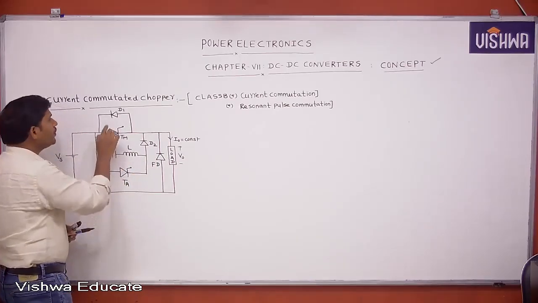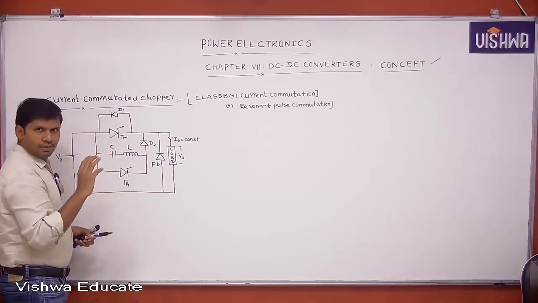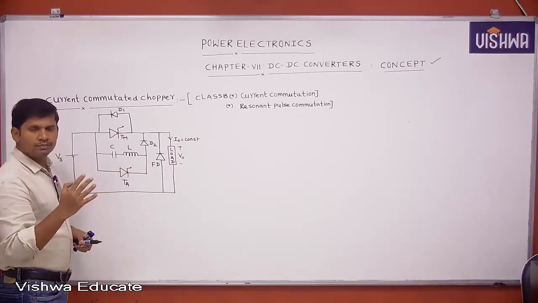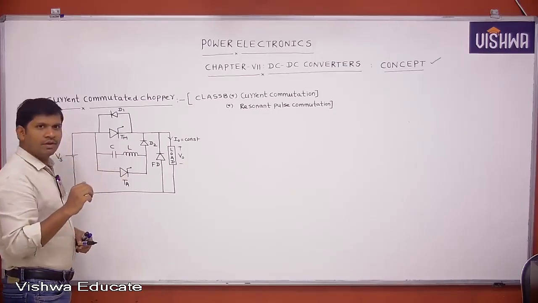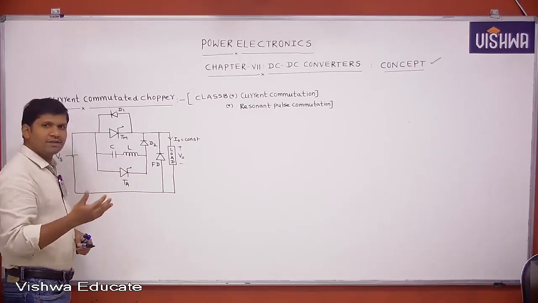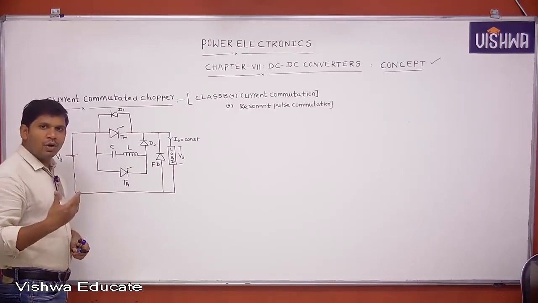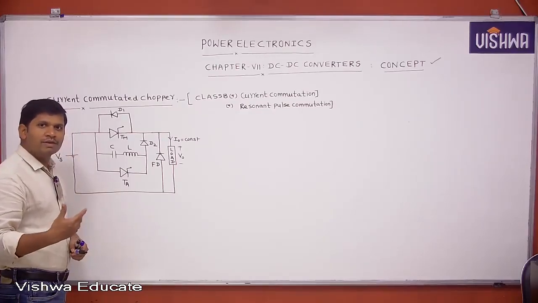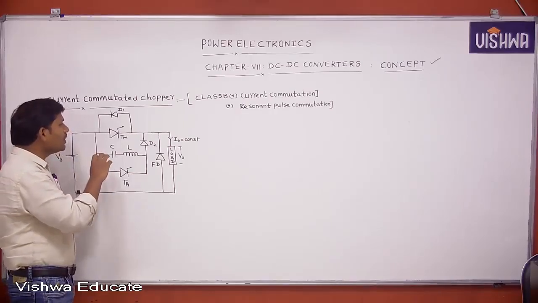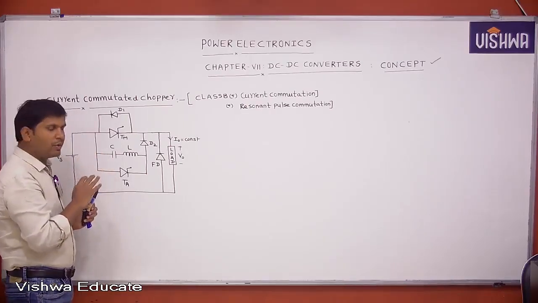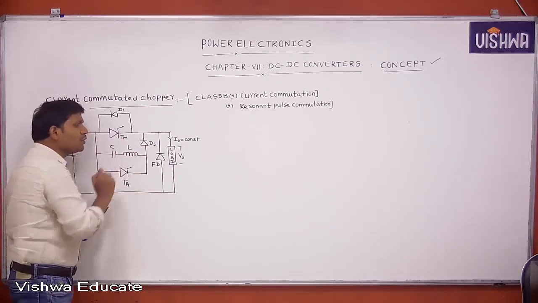The purpose of using the diode I will explain later. But for remembering the circuit, to solve problems, if any circuit is given and it asks to calculate the current through the main thyristor or the auxiliary thyristor, you apply the formulas based on the circuit. To identify whether it is a current commutated chopper or a voltage commutated chopper, take the reference as the D2 diode.